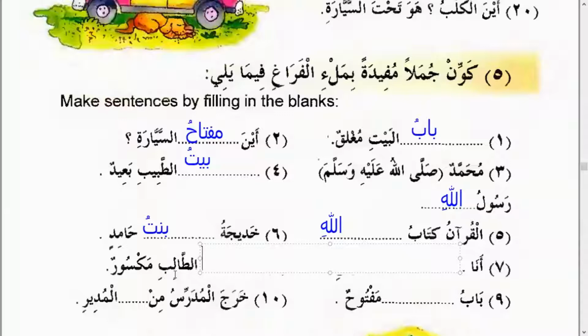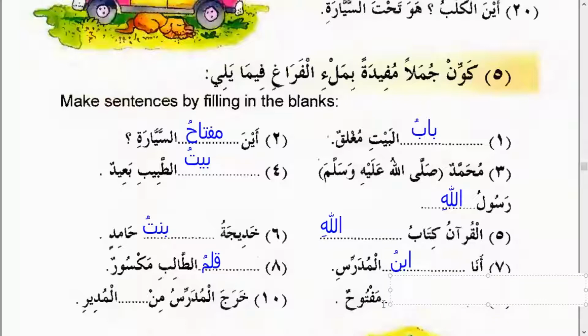Something of the student is broken. Qalamu at-Talibi, or whatever. Maktabu at-Talibi. The student's pen is broken. Mudaf again. Babu dash maftuhun. Babul madrasati, or whatever. Babul. The door of the school is open.